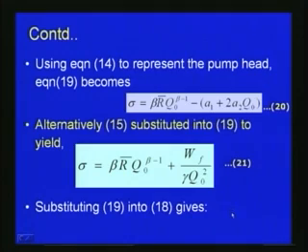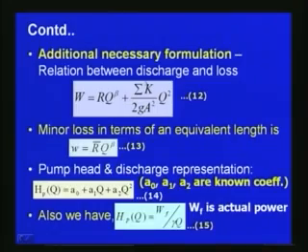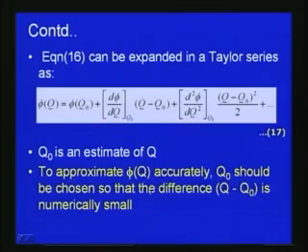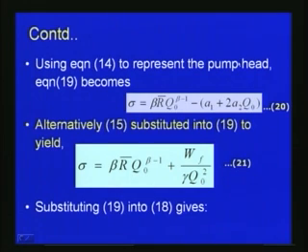So, if we introduce this, we can write, using equation 14, that is with respect to the pump equation, sigma is equal to beta r bar q 0 to the power beta minus 1 minus a 1 plus 2a 2 q 0, as in equation number 20.